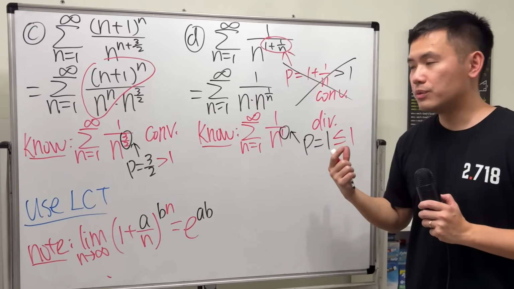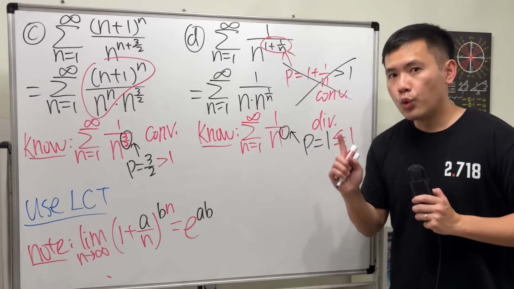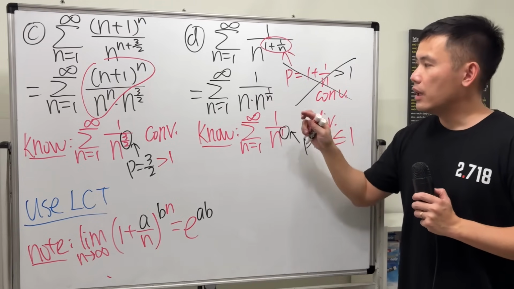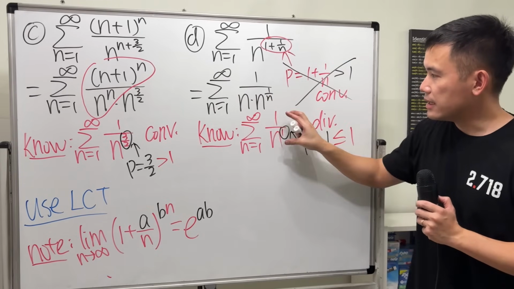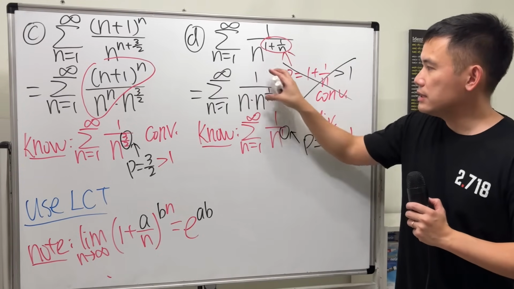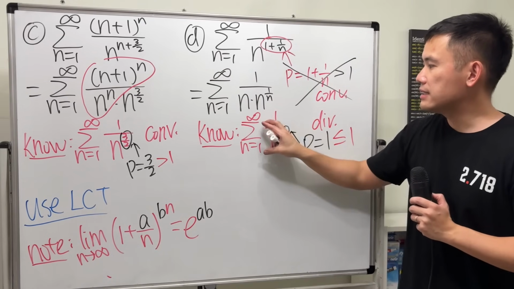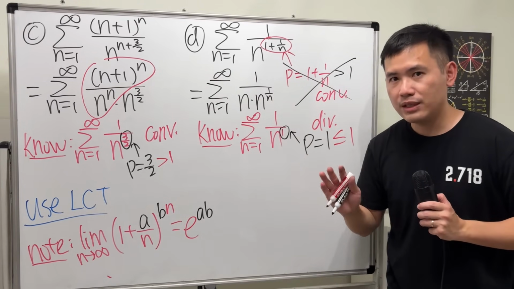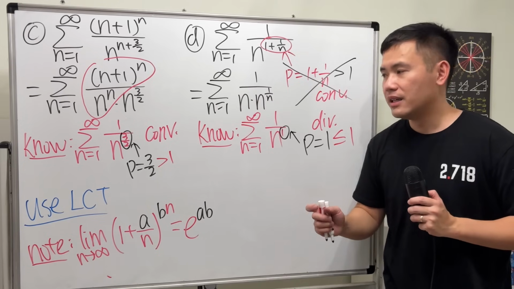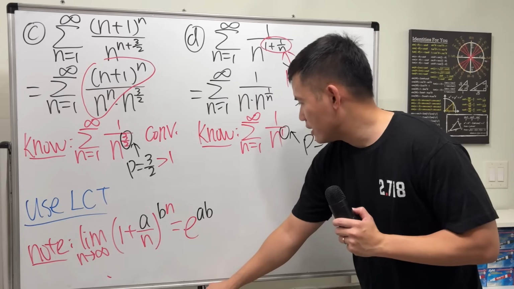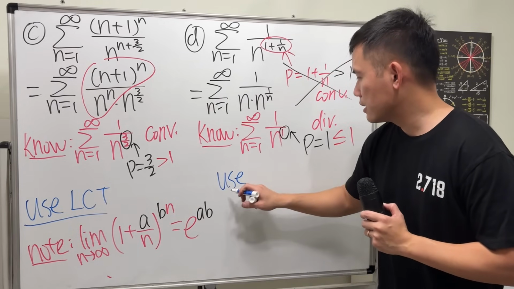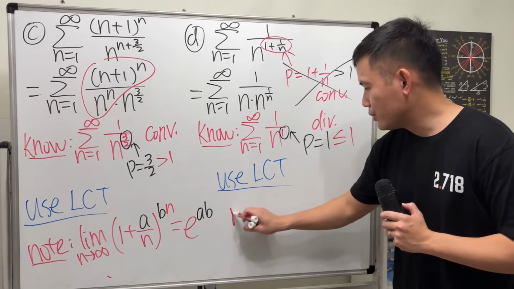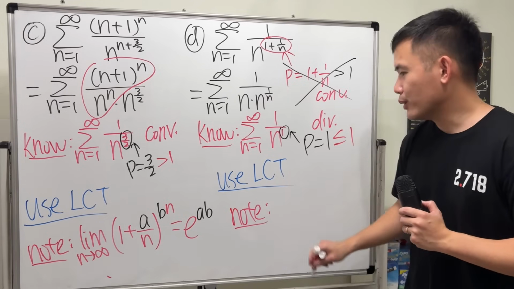Again, by the way, because we're trying to use a divergent series, this series is less than this, I'll tell you that. But if this series is less than the divergent series, you cannot draw a conclusion. So do not use the direct comparison test. Instead, we'll be using the limit comparison test. And then, once you do that, I'll give you a note as well.